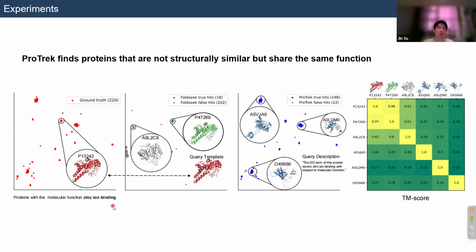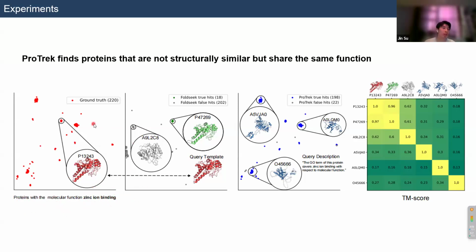Here we use a GO term as an example. For example, we choose zinc ion binding. This GO term's natural text description is proteins with the molecular function zinc ion binding. And in our test set, it has 220 proteins that have this function.